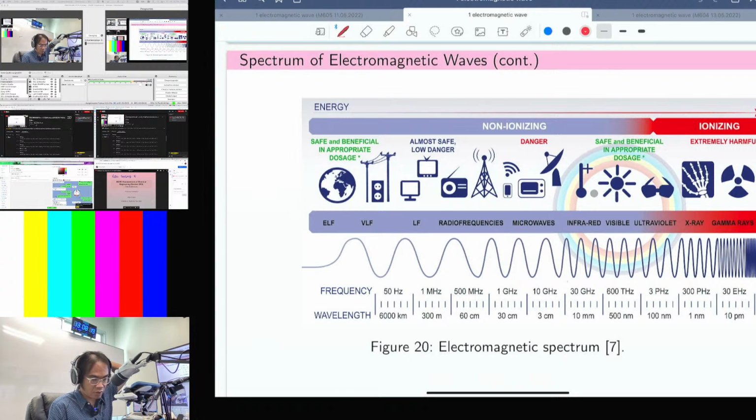We use this for television remote control or something like that, and it brings you some heat with this one. And once we go further, as you know, the wavelength gets shorter and shorter, and we reach the visible range of light. It's generated mainly by the sun.